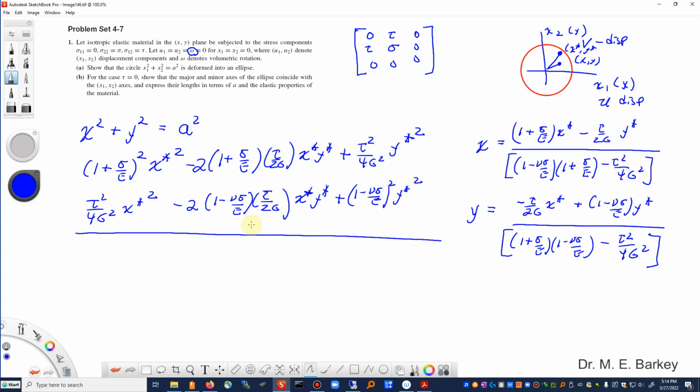Of that is going to be over (1 plus sigma over E) times (1 minus nu sigma over E) minus tau squared over 4g squared, quantity squared, and then that stuff is going to be equal to my A squared.